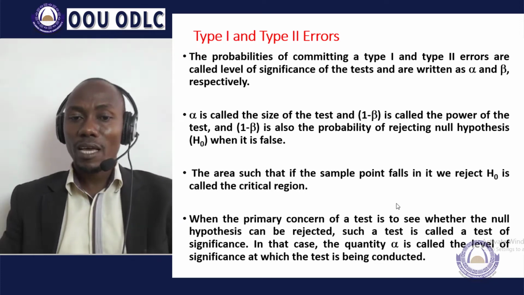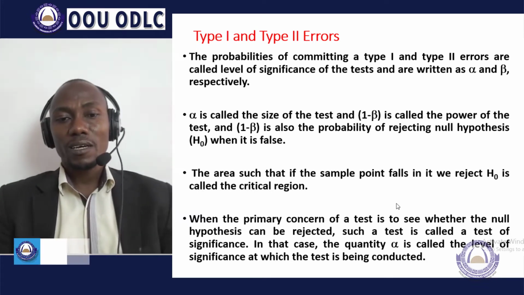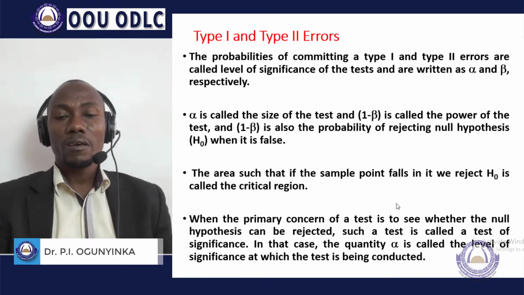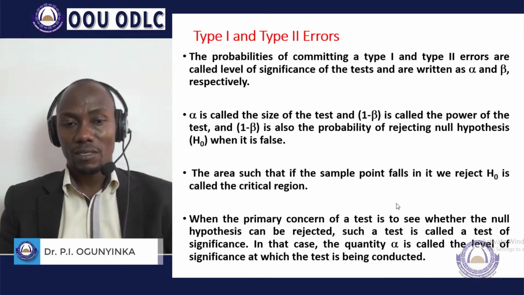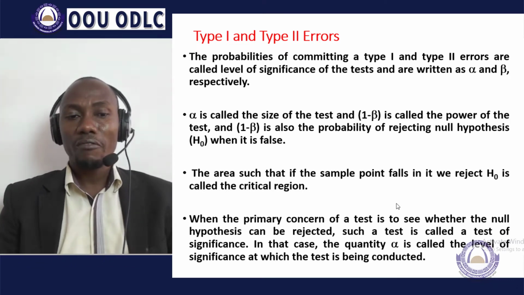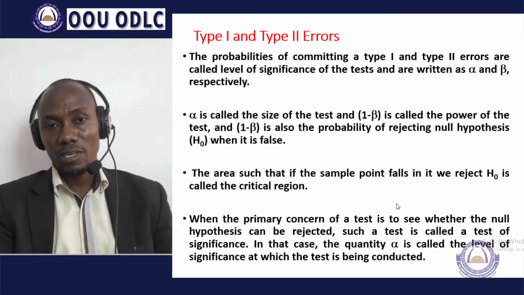When the primary concern of the test is to see whether the null hypothesis can be rejected, such a test is called a test of significance. In that case, alpha is called the level of significance at which the test is being conducted.